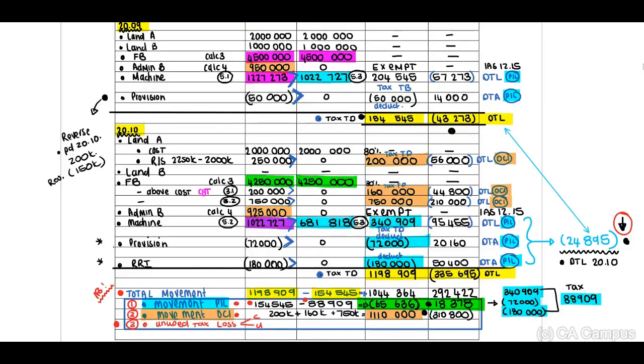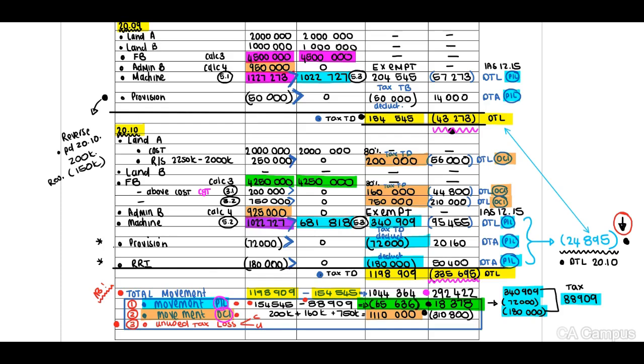Now, important guys, again, when you look at the movements at the bottom, the total movement from a deferred tax liability for 2009 of 43,273 to a deferred tax of 335,695 will be 292,422. But this movement is divided between our profit and loss portion and our OCI portion.